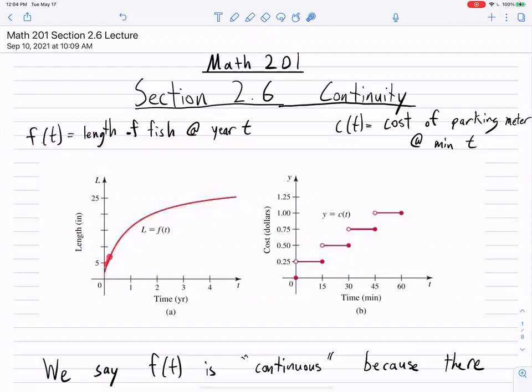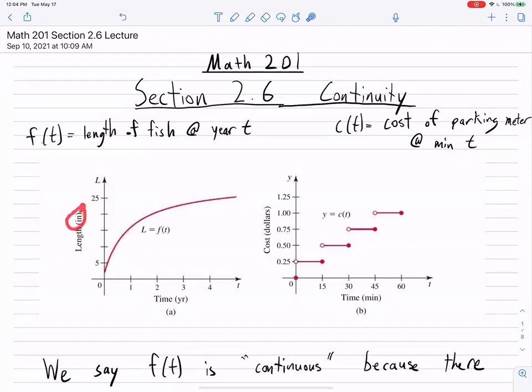And we notice that there's no breaks, which makes sense because the fish grows in a continuous fashion. It doesn't go from 2 feet and then the next year it's going to be 5, 10, 15 feet, and just skip all the heights in between. It has to hit all the lengths in between to get from 2.5 feet to 15 feet.